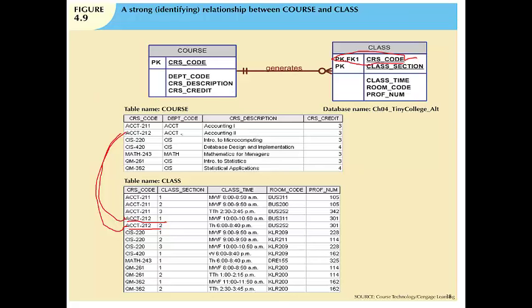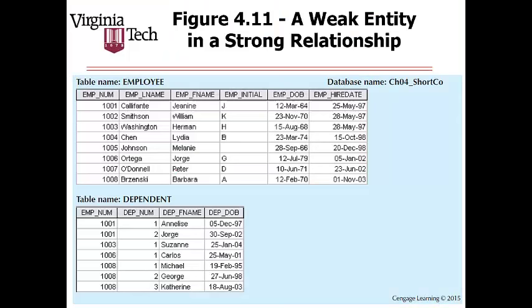Probably you have a policy wherever you are. My normal approach, for class, I would probably go with a unique primary key like we do here in terms of our index number for all of our sections. So we're not using an identifying strong relationship in the Virginia Tech registration system.